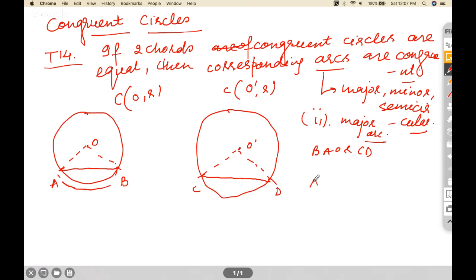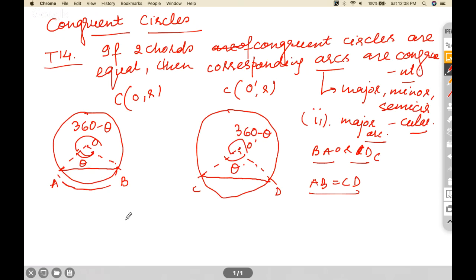So you can write that AB is equal to CD, and you can say that when this is theta, because I have already proved in case of minor arc that this and this are equal. So if I take it for BA and DC, this will be 360 minus theta, and this will be 360 minus theta.